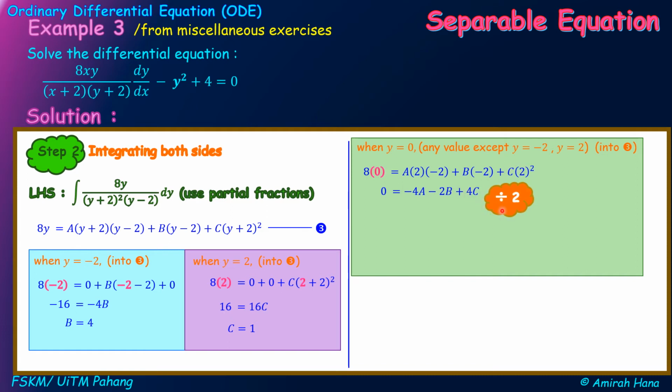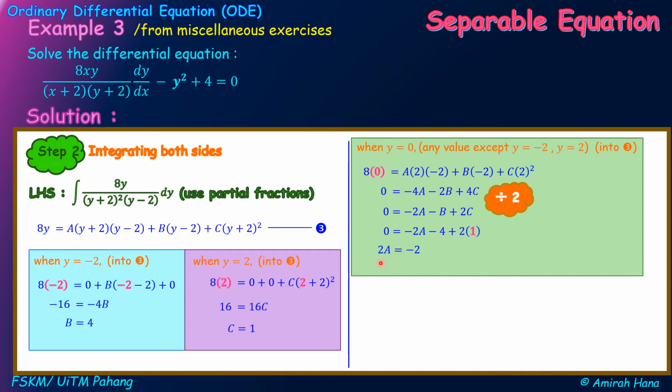Okay, and then we can divide by 2. So 0 divided by 2 is still 0, equals negative 2a minus b plus 2c. Okay, and then we replace b equals 4 and c equals 1. We substitute here, so we have 0 equals negative 2a minus 4 plus 2 times 1.